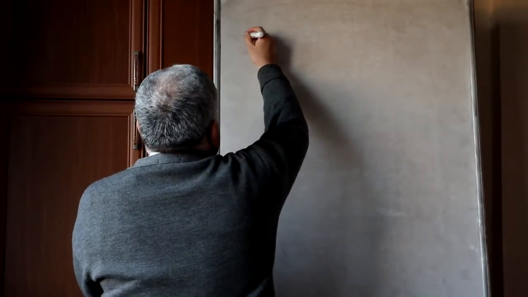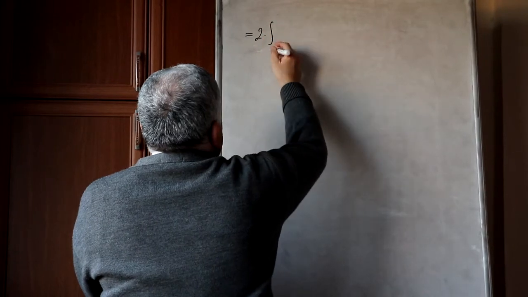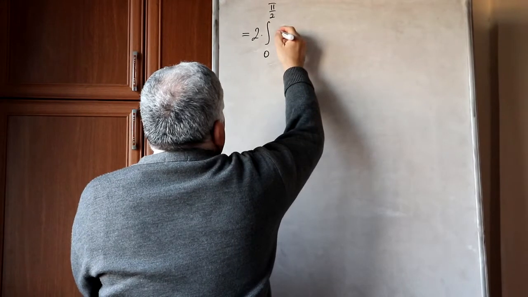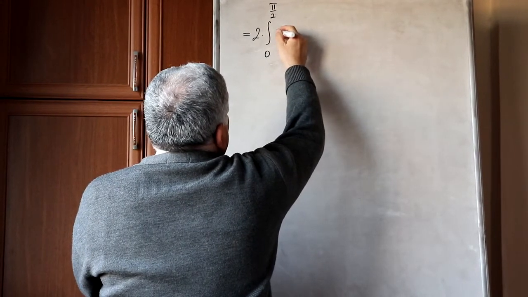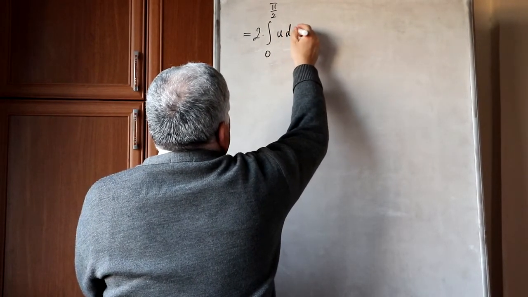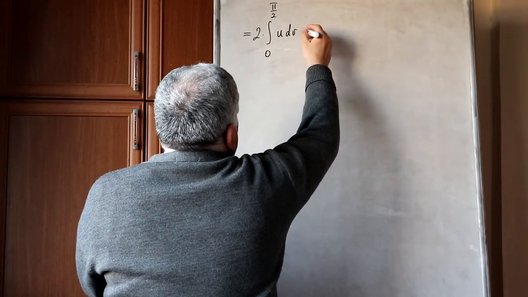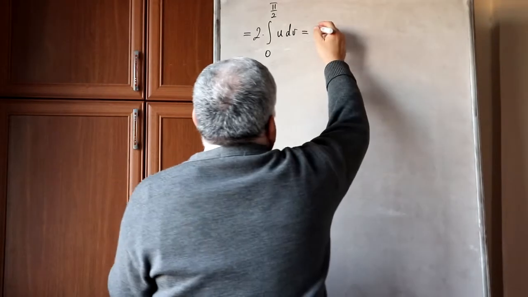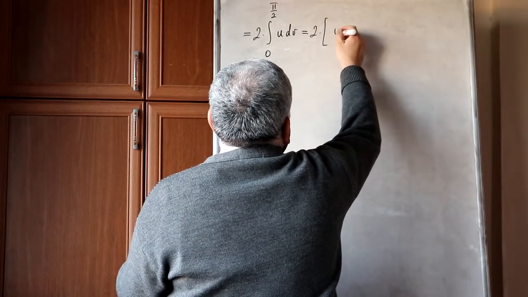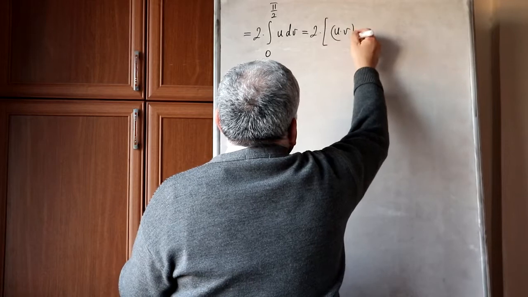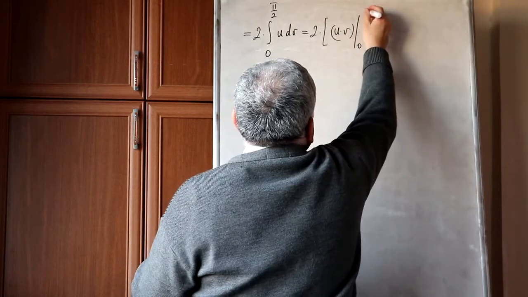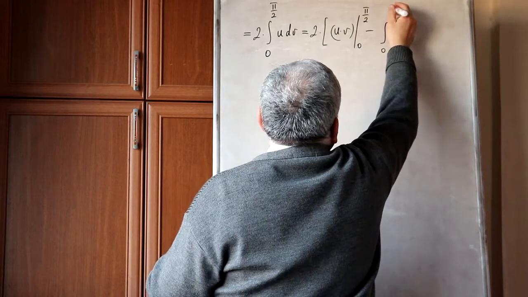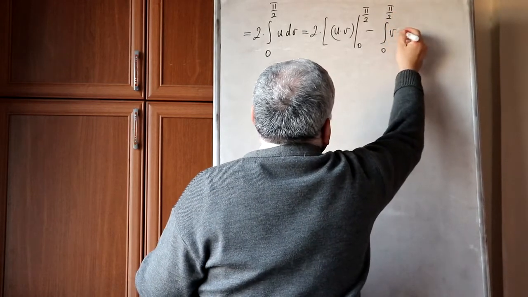We have 2 multiplied by integral from 0 to pi in half u dv and equals 2 multiplied by uv with double substitution from 0 to pi in half minus integral from 0 to pi in half v du.